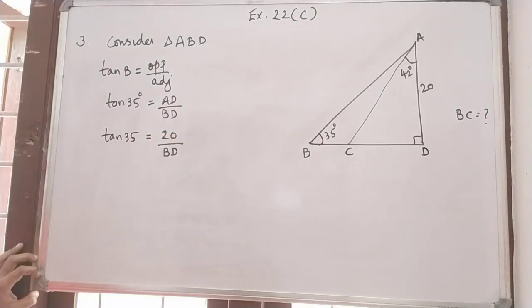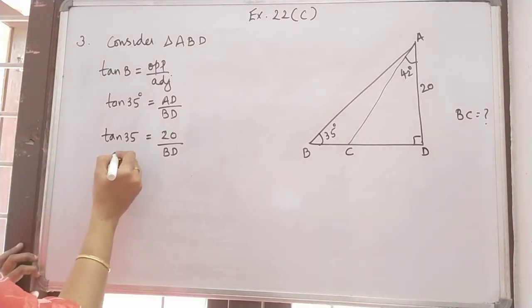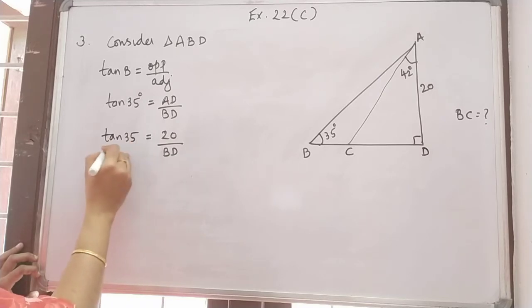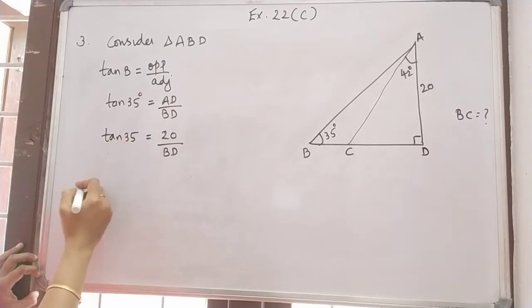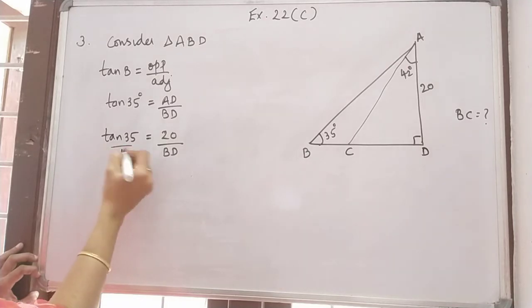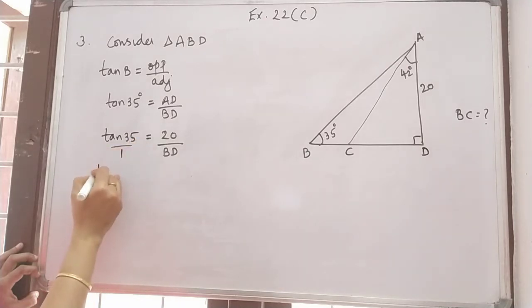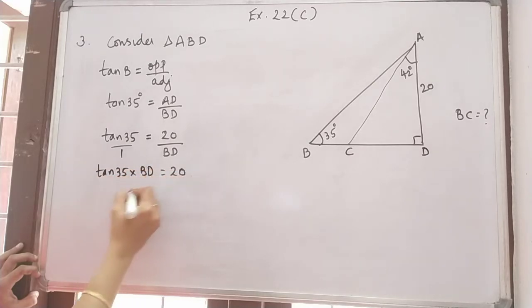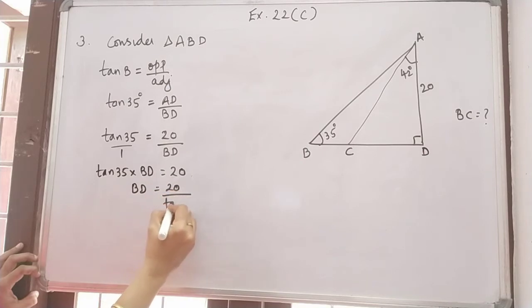Before substituting the value of tan 35, we can cross multiply. Tan 35 into BD is equal to 20. So BD is equal to 20 divided by tan 35.